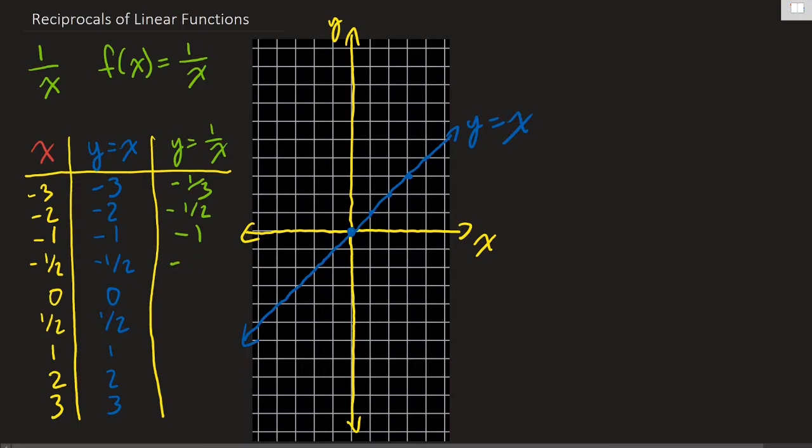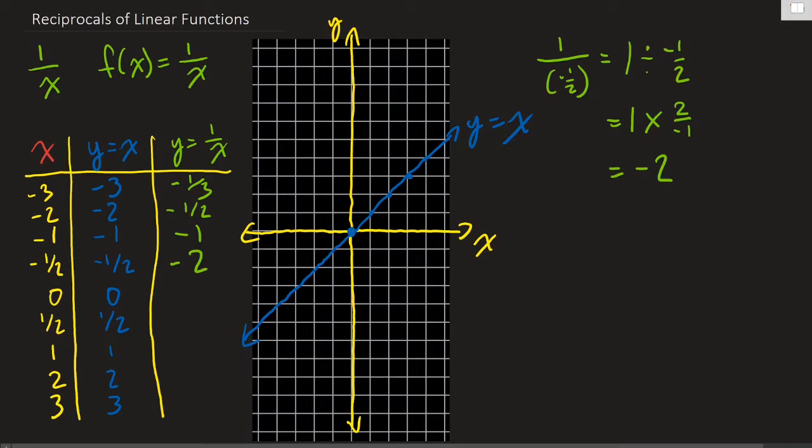And if you imagine 1 over -1/2, that's the same as 1 divided by -1/2, which is the same as 1 times 2 over -1, which equals -2. So this is -2.